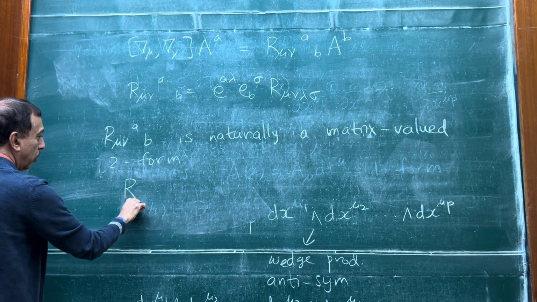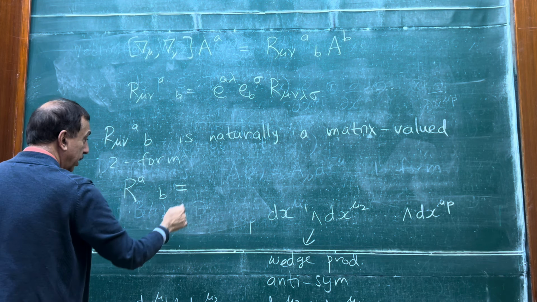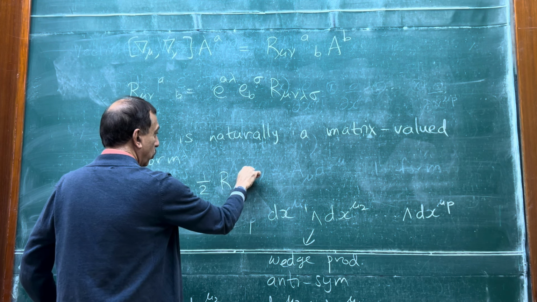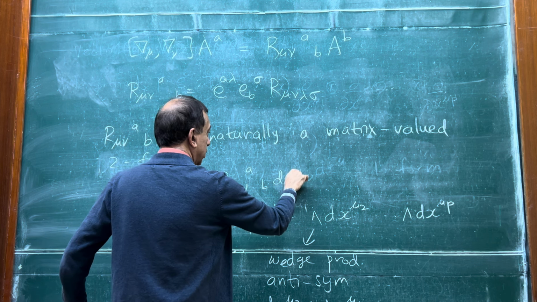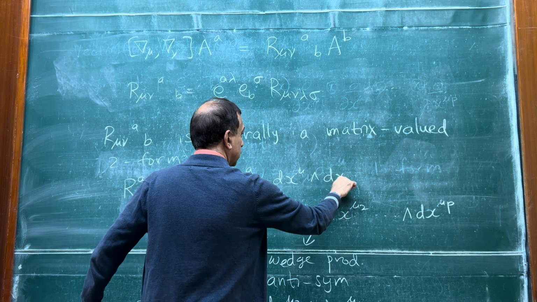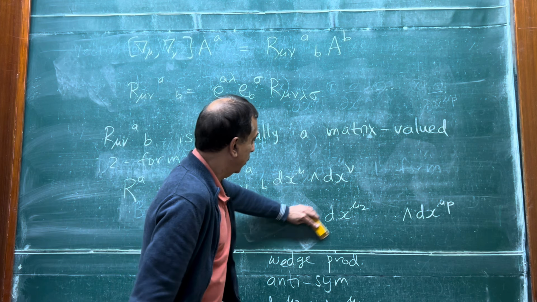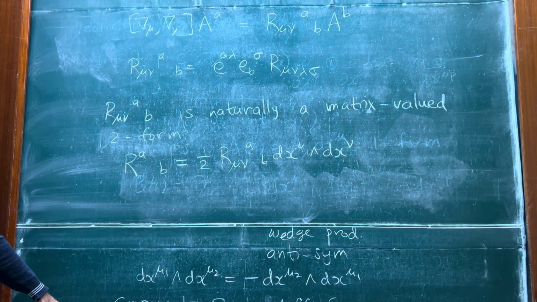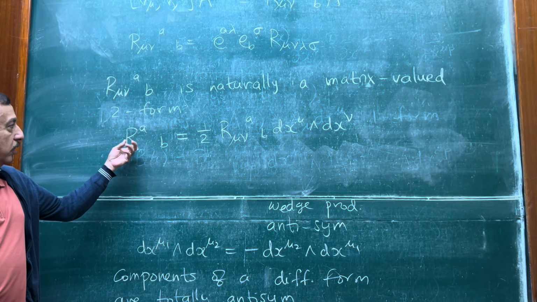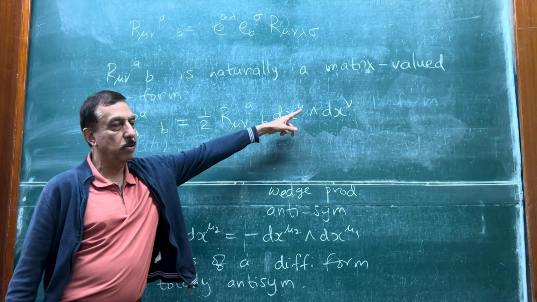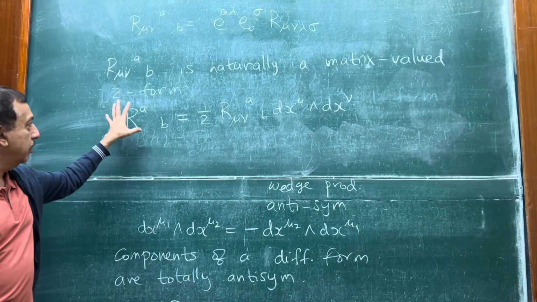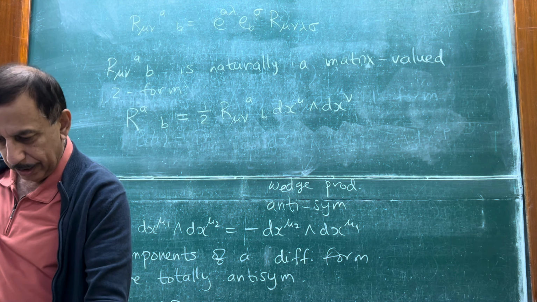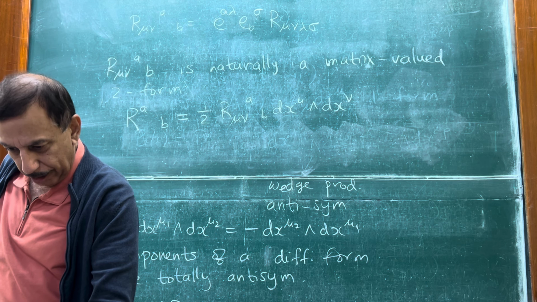The two form is called R and it has indices A and B, and it's half R_{mu nu}^{AB} dx^mu wedge dx^nu. So in this version, the indices mu nu have vanished because of this contraction. So this makes it clear that it's a two form, but it's also a matrix in the local-Lorentz space. Good.